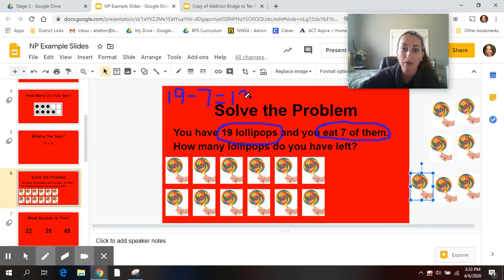Is there another way that we could think about this if we didn't have a picture to help us? I'm looking to see, do I see a smaller problem in the ones place? What do you think? What about 9 and 7? What is 9 take away 7? That's right, it's 2.